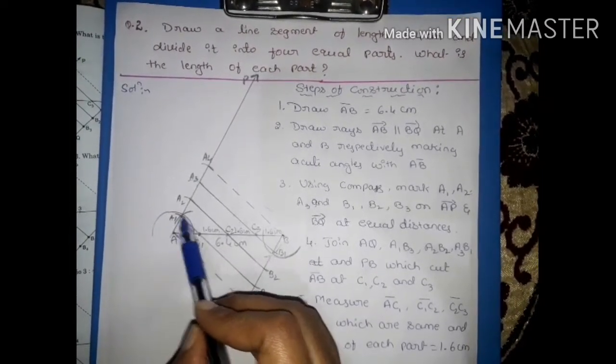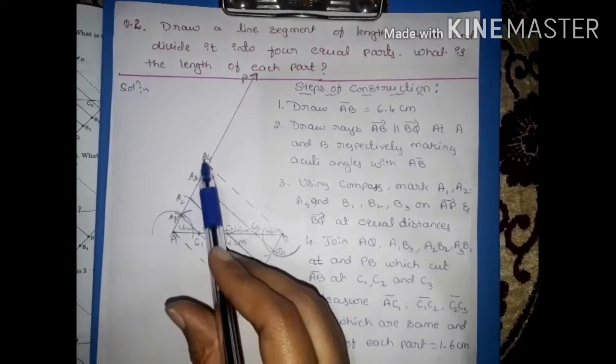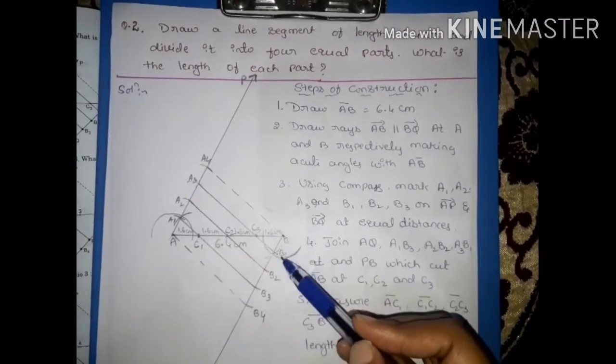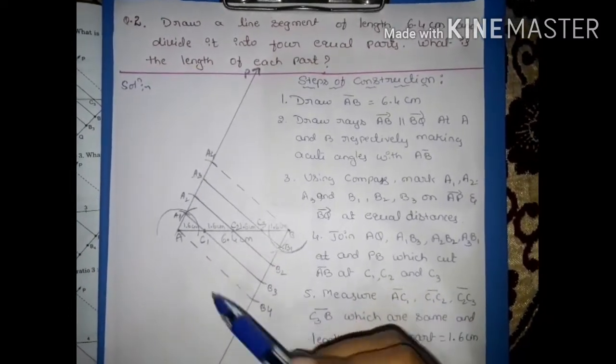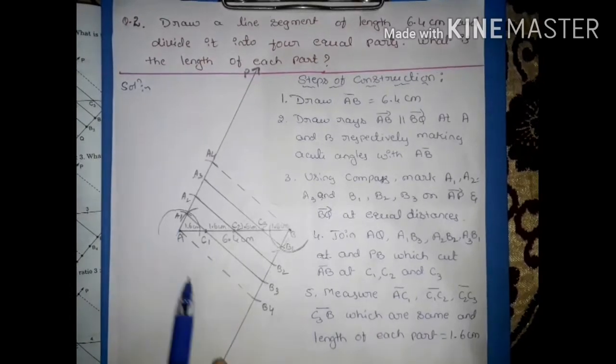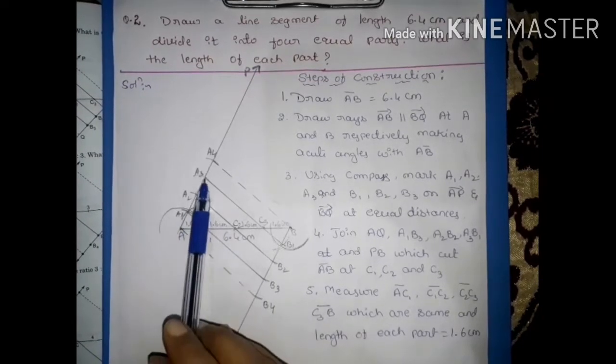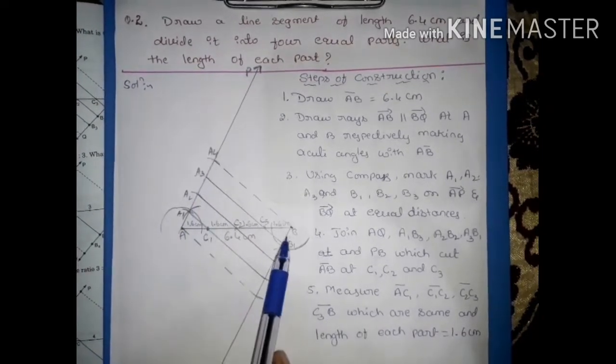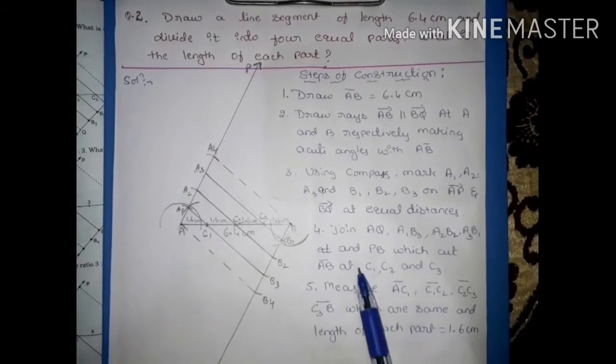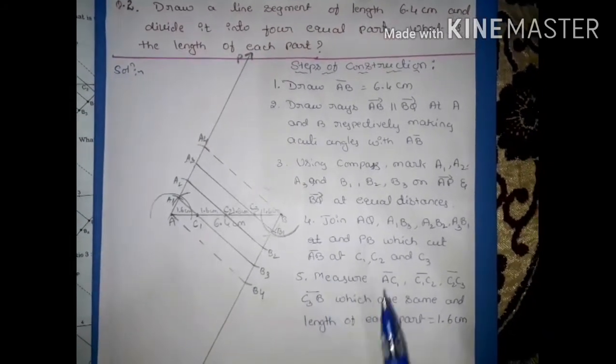Cut arcs A1, A2, A3, A4, and similarly B1, B2, B3, B4. Fourth step, now join A1 to B3, A2 to B2, A3 to B1, A4 to B.